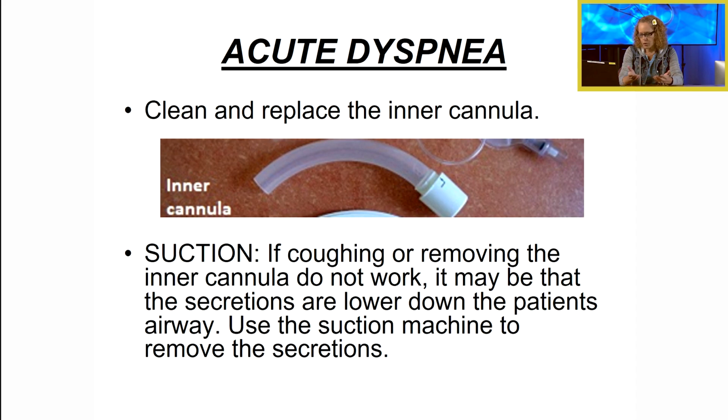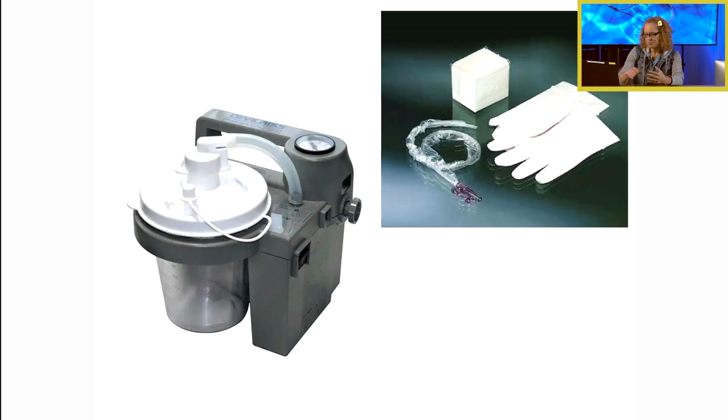If coughing or removing the inner cannula doesn't work, we might need to get those secretions out that are lower down in the patient's airway, and we use the suction machine to do that. So again, here's our suction machine and our suction catheter kit.